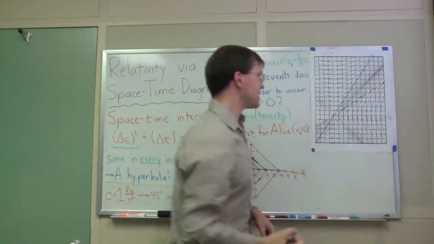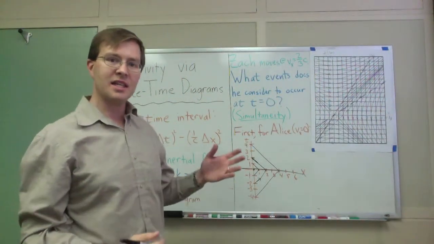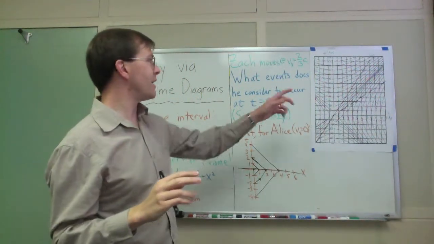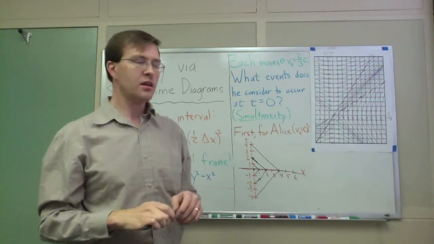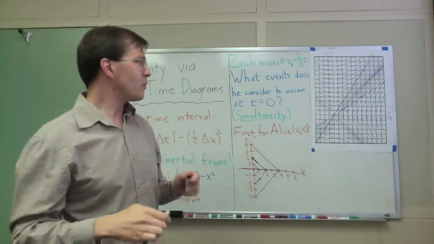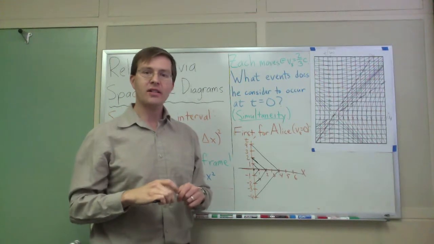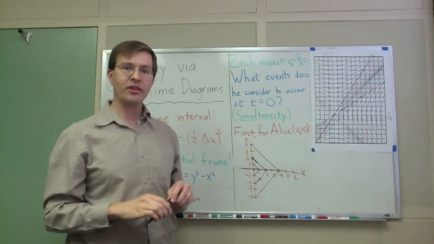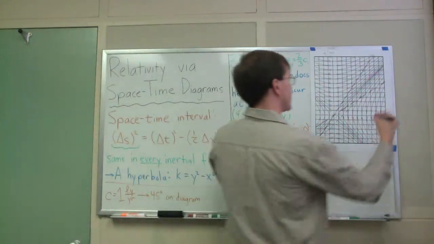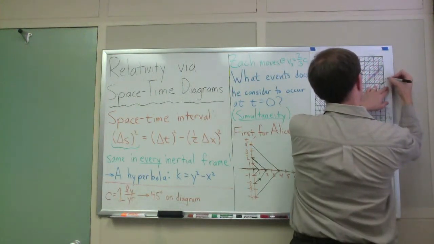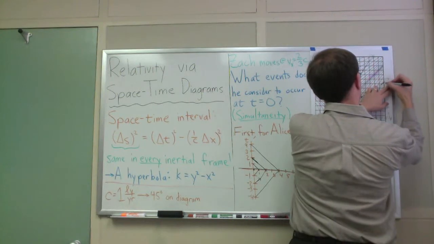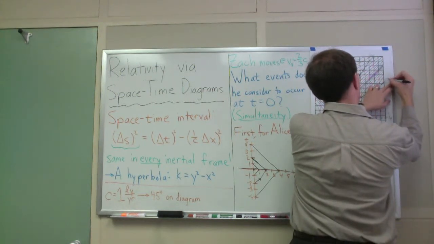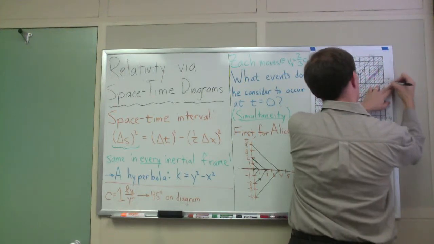This big dashed line that I've just drawn is Zach's time slice. This is a time slice as seen by someone going 2/3 c. It reflects all the points that look like time equals 0 to someone traveling at 2/3 the speed of light. So I'll label this t equals 0 for v equals 2/3 c.